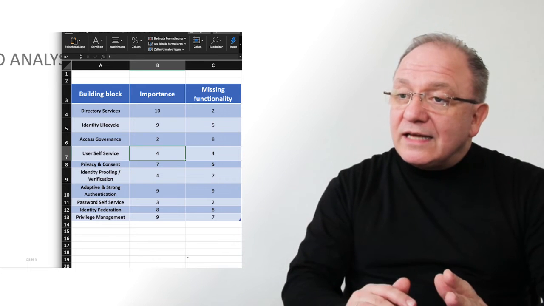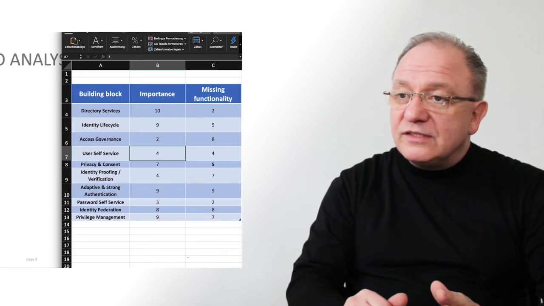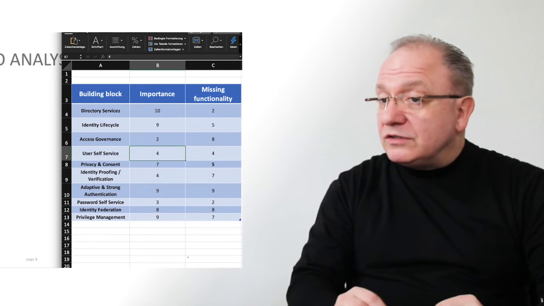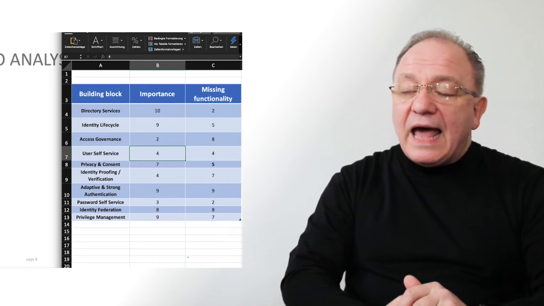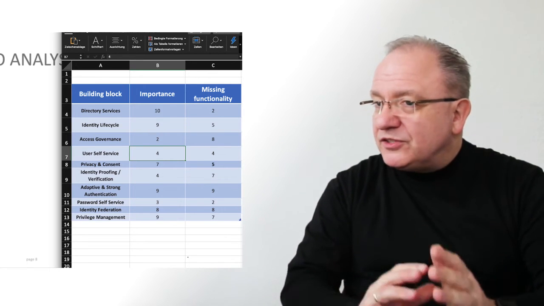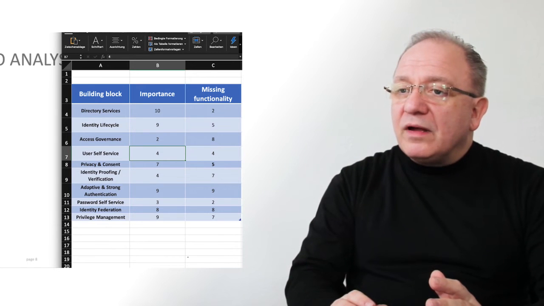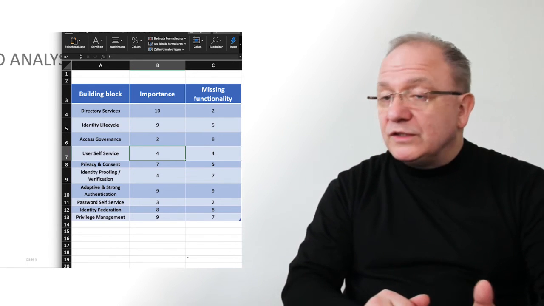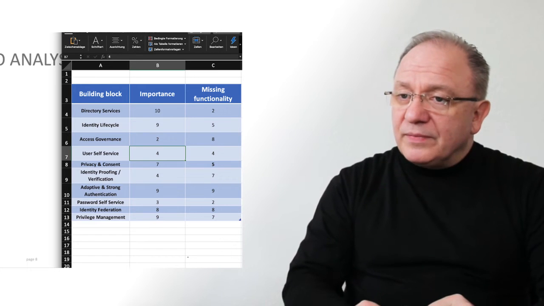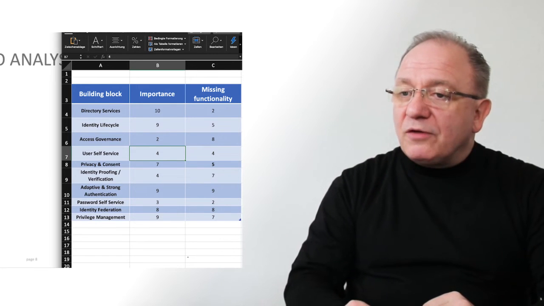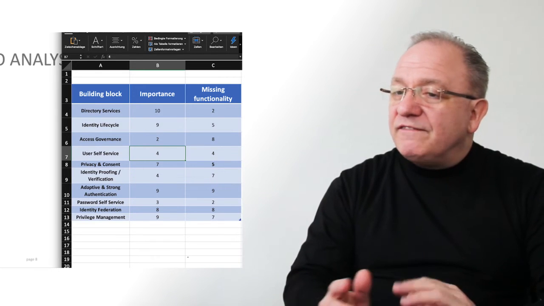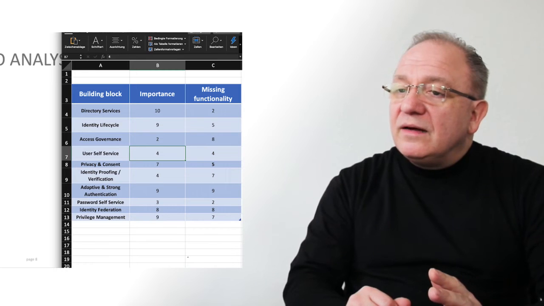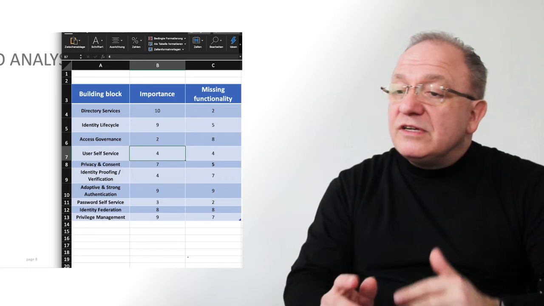And then we assess that from the viewpoint of an organization with regards to the importance of such a building block and the functionality that is hidden in there, and the aspect of missing functionality, feature completeness. So if we talk to the business, if we talk to IT, if we talk to legal, within an organization about these topics, it's usually quite straightforward to assign values between 0 and 10 to such a building block and to look at what the results are here.